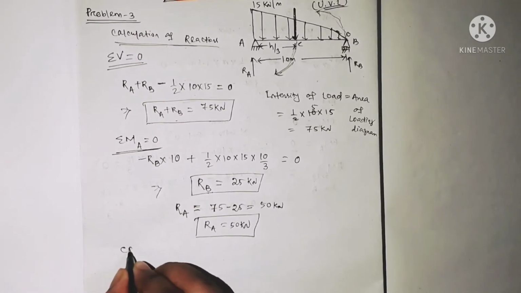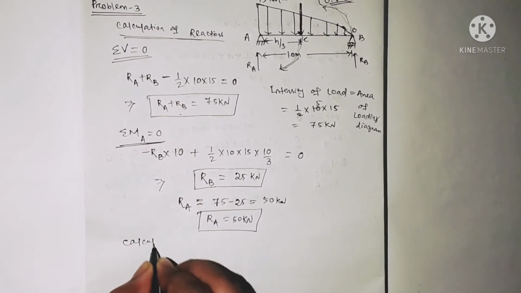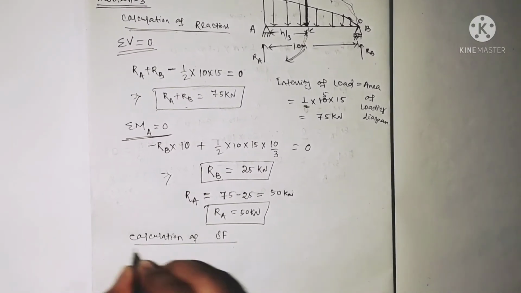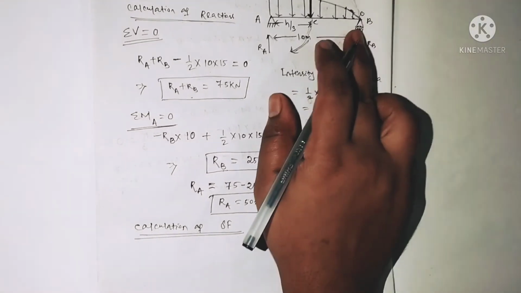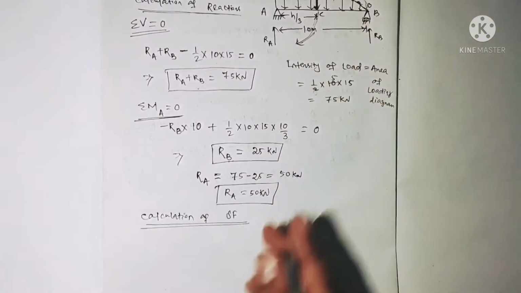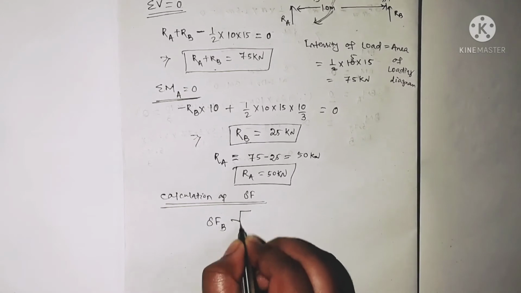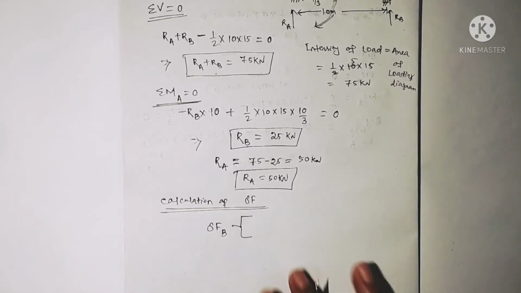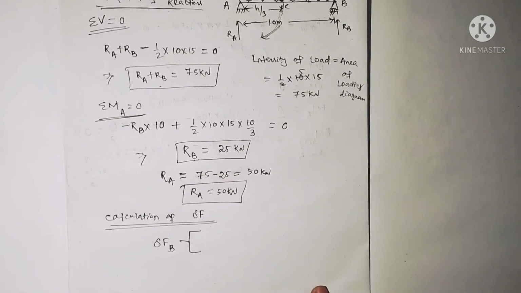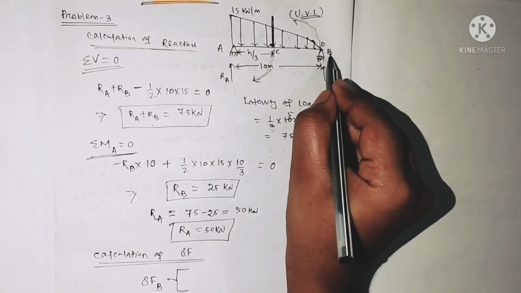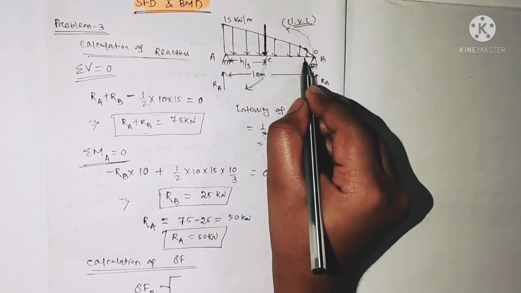Now we go to the calculation of shear force at each point. First we calculate shear force at support B. For calculating shear force we take the left of the support and right of the support.